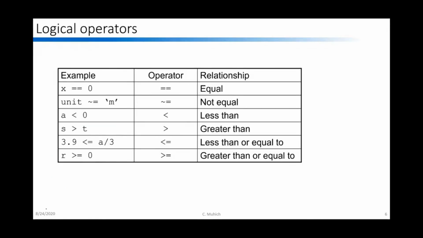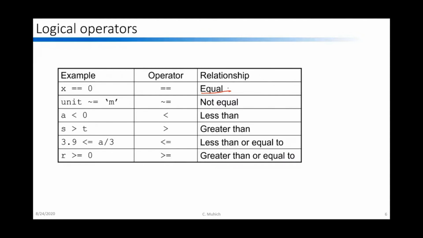So now let's talk about different sorts of relationships that we can use. The first type of example is we want to see if a variable is equal to a certain number, right? So is something equal? To do this, we use two equal signs.